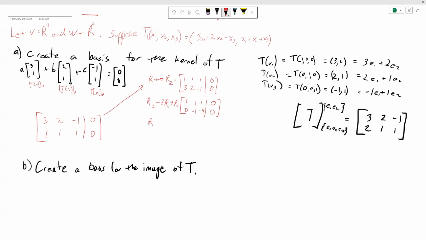Now, -1 times row 2 replaces row 2. Jumping ahead of myself: 1, 1, 1, 0, 0, 1, 4, 0. Now row 1 minus row 2, replacing row 1, gives 1, 0, -3, 0, 0, 1, 4, 0.